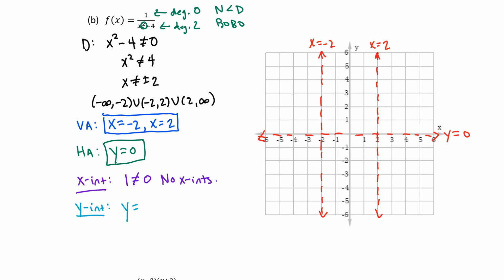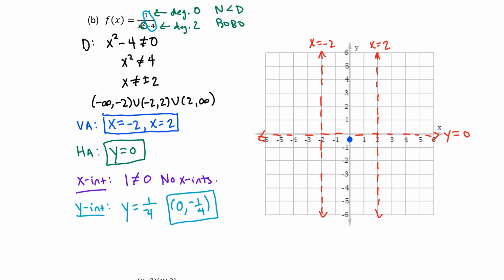We're going to find the ratio of constant terms, 1 over -4. So as an ordered pair, the location of our y-intercept is 0, -1/4. So about right there.